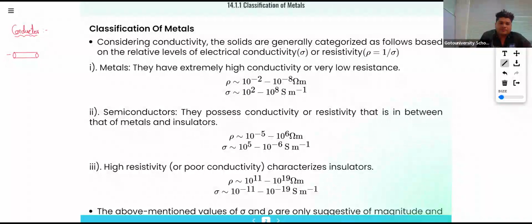Let us consider an iron rod with which we are connecting a battery, and if we are switching this battery on, then what will happen?